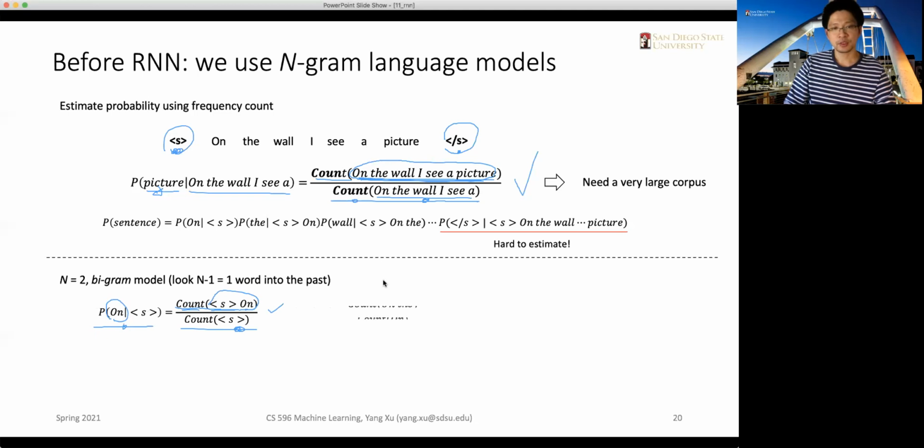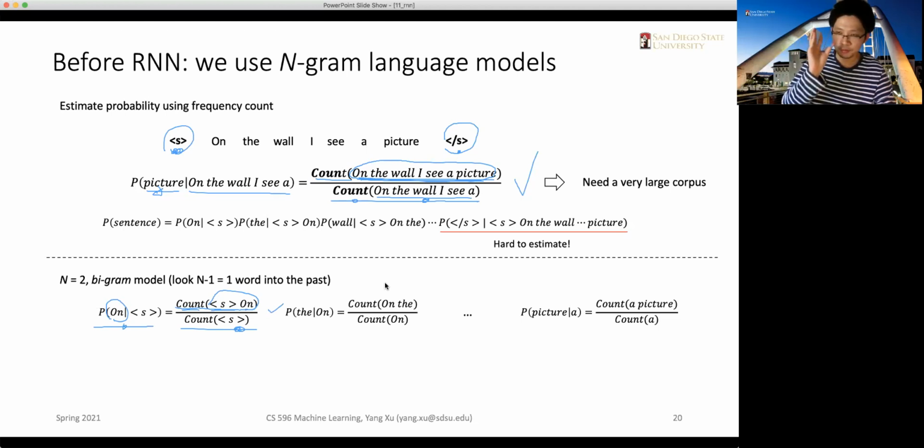Similarly for all the words in the sentence, we only look at the one context word before it, right? In the last example, the probability of the word being picture given one context word ahead. So we will not look at the whole thing ahead, because that is too sparse, right? There's only one data point in the training set.